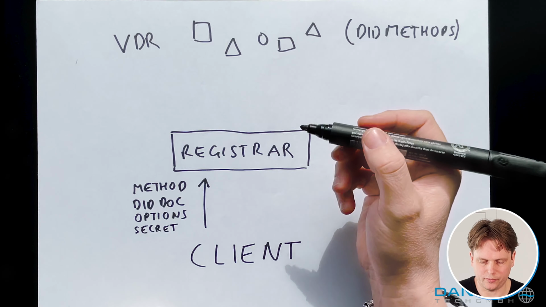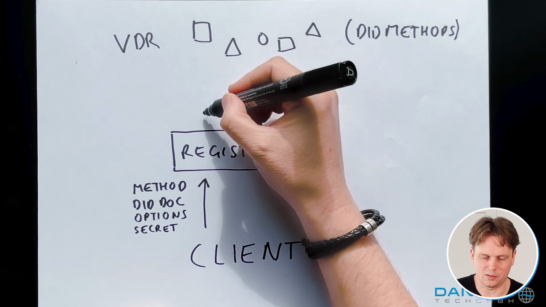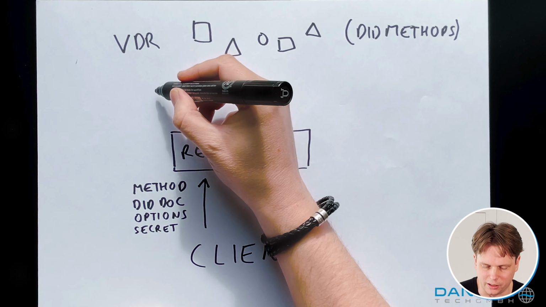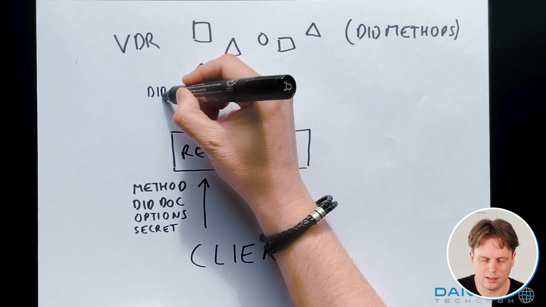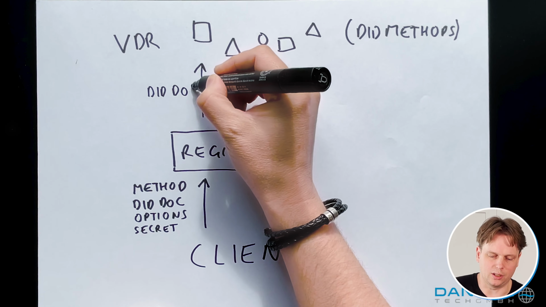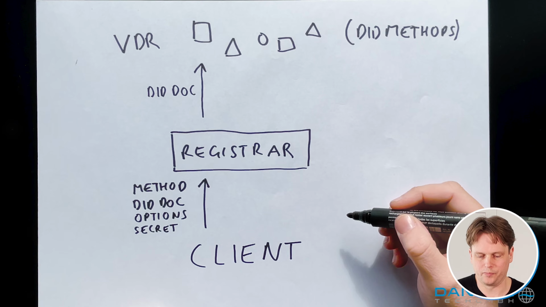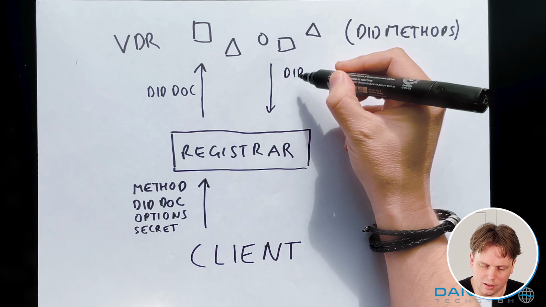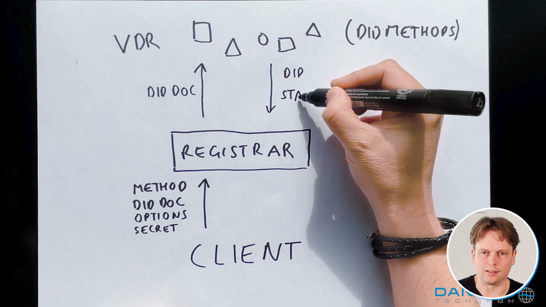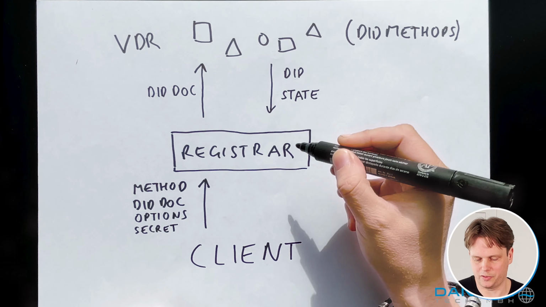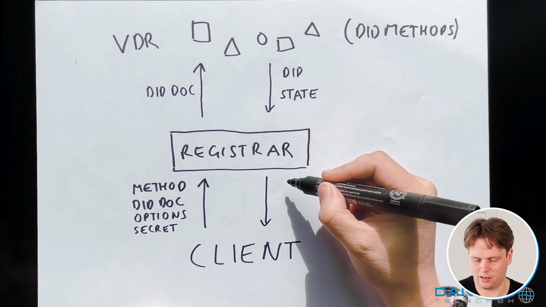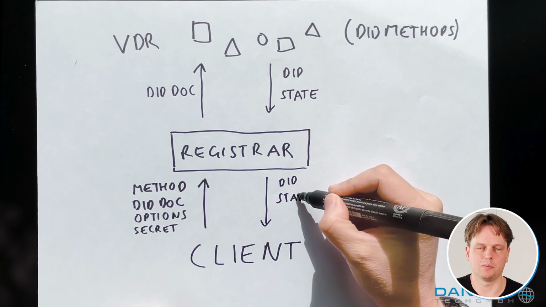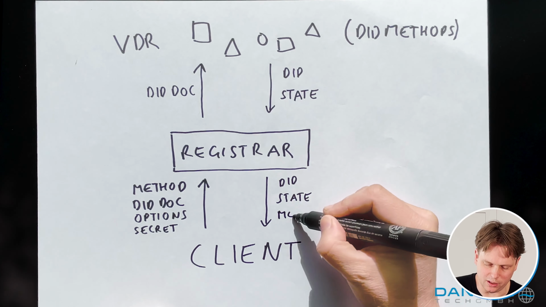Then the registrar takes care of all the DID method specific operations, constructing payloads, interacting with the verifiable data registry, and it writes the DID document contents to that verifiable data registry. The result of the process is the DID and a state, and both of these pieces of information are passed back to the client, the DID, the state, additionally some metadata about the process that just happened.